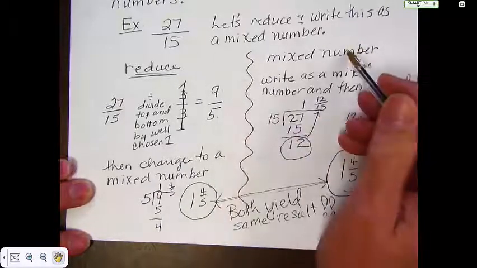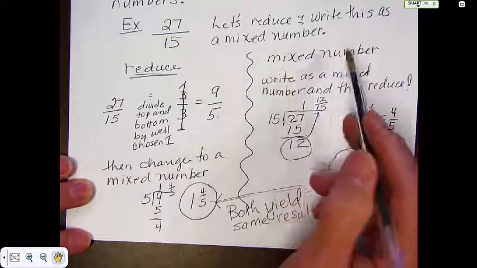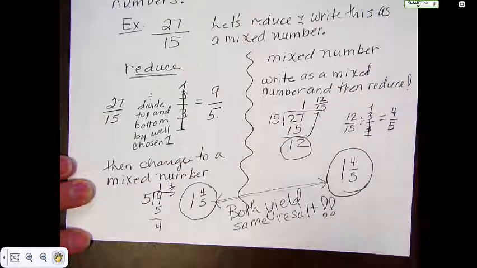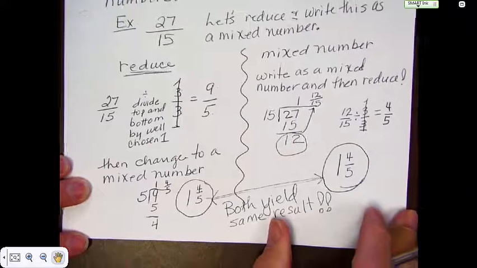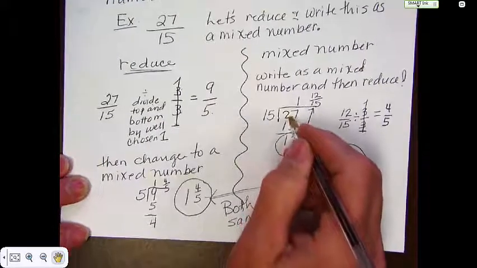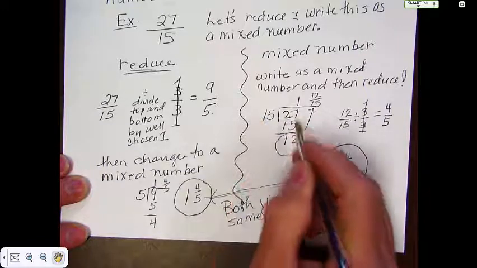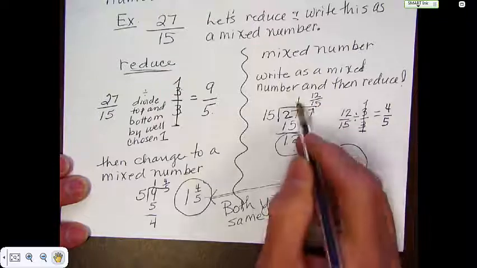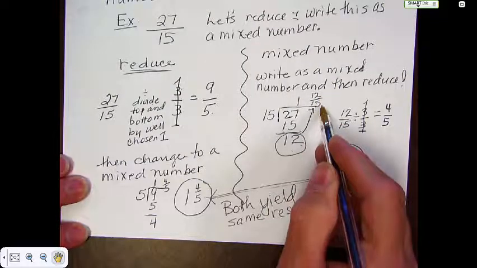Over here, they are asking you, well, we want a mixed number. Well, let's write the mixed number first and then reduce. So that's okay, we can do that. We take 27, divide it by 15, we get 12 as a remainder. So it's 1 12/15, and that's not in simplest form.